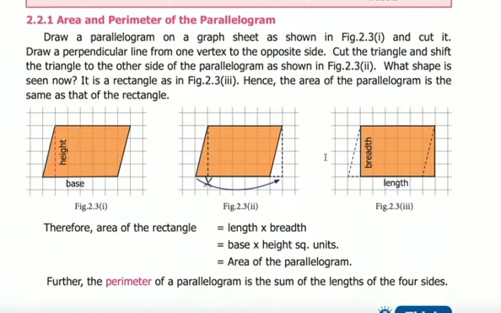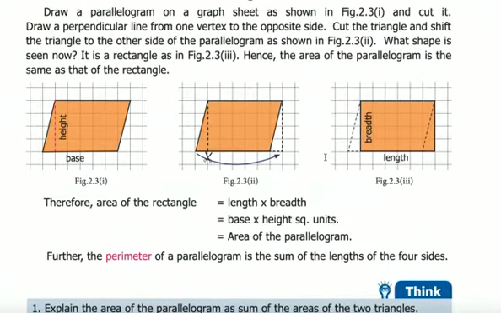Area and perimeter of the parallelogram. Draw a parallelogram on a graph sheet as shown in the figure, and cut it. Draw a perpendicular from one vertex to the opposite side, like this.